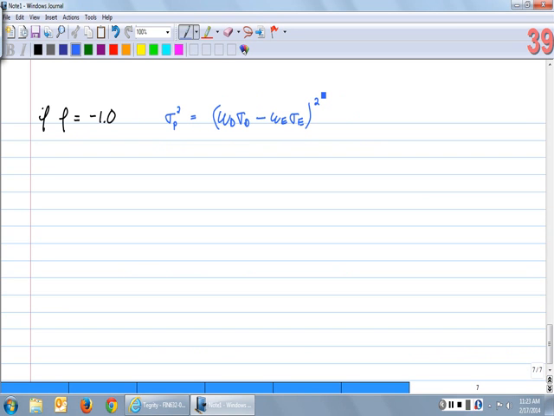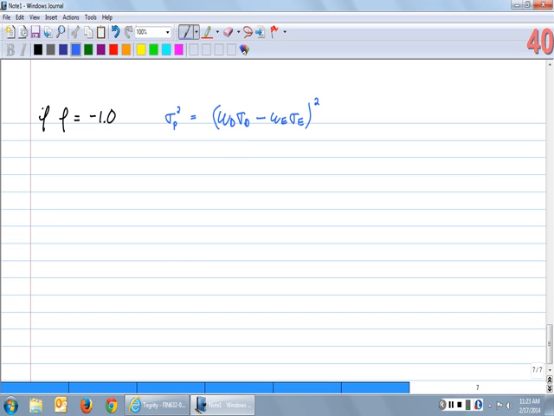Okay, again, use the FOIL method and convince yourself that it is that. You would end up with WD squared sigma D squared plus WE squared sigma E squared minus 2 times WD WE sigma D sigma E. You would end up with the variance of the portfolio that we had earlier.